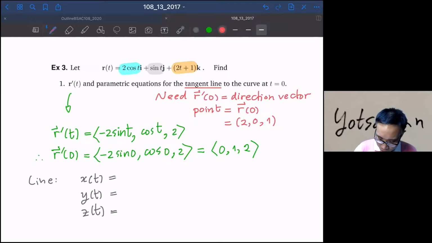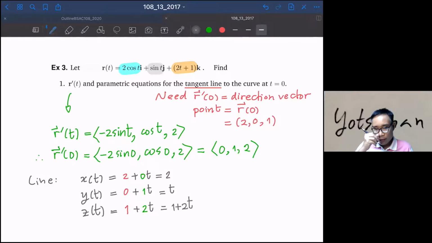You're going to have the point 2, 0, 1, and you would just add t times 0, 1, 2. So x(t) equals 2, y(t) equals t, z(t) equals 1 plus 2t. That is going to be the equation of the line in 3 dimensions.